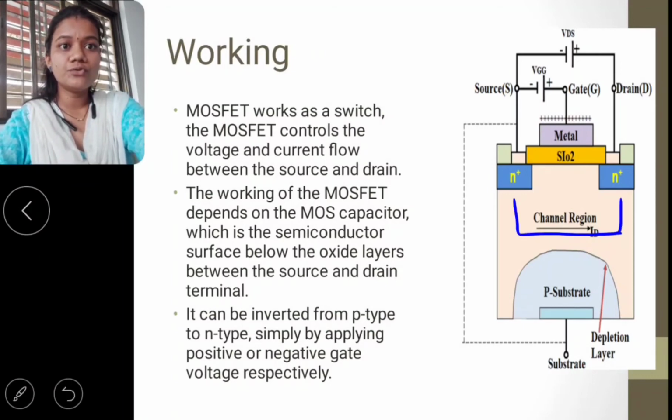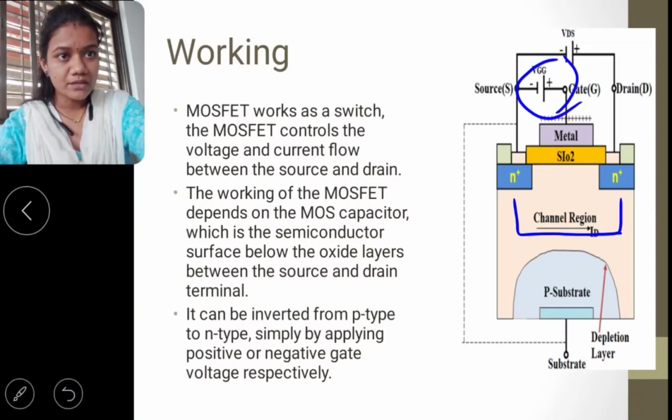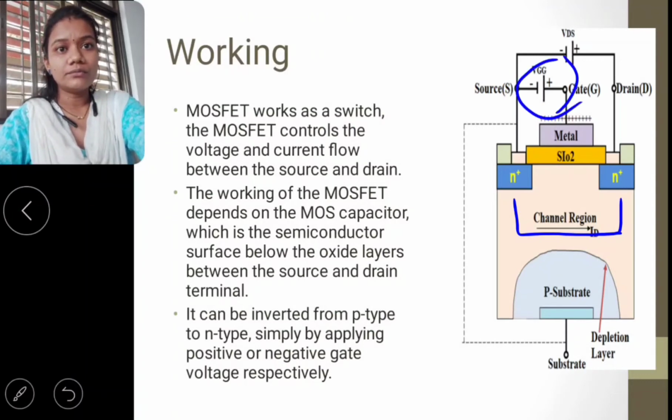The working of MOSFET depends on the MOS capacitor. This is your MOS capacitor. The semiconductor surface below the oxide layer between the source and drain terminals can be inverted from P-type to N-type simply by applying positive or negative voltage respectively.